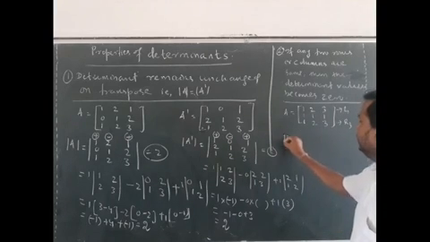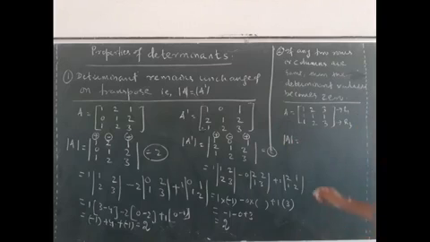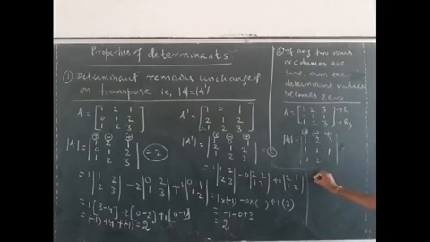So the determinant of A is the determinant of 1, 2, 3, 1, 1, 1, and again 1, 2, 3. The signs are positive, negative and positive. You take 1 multiplied by the determinant left after removing the row and column containing 1, which is 1, 1, 2, 3.